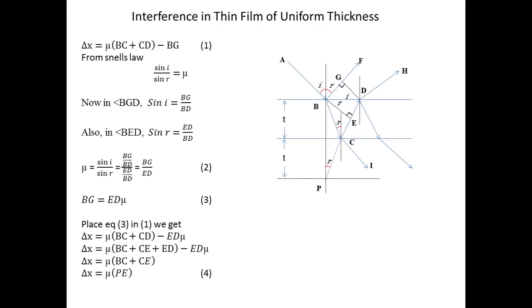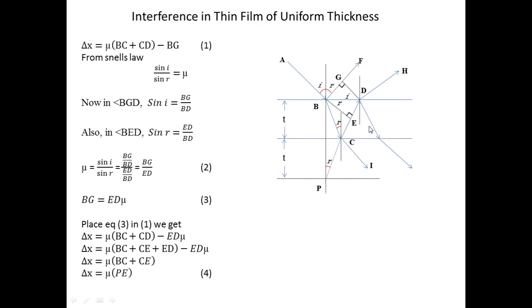Now placing equation number 3 in equation number 1, we get delta x equal to mu into (BC plus CD) minus ED mu. As we can see in the figure, CD equal to CE plus ED. Substituting this in place of CD, we'll get mu into (BC plus CE plus ED) minus ED mu.